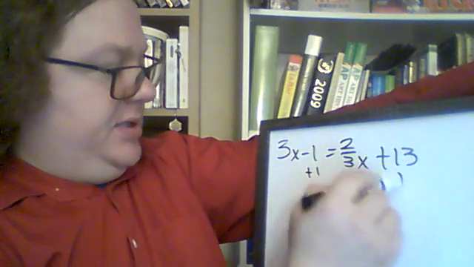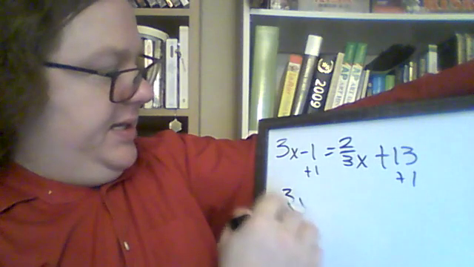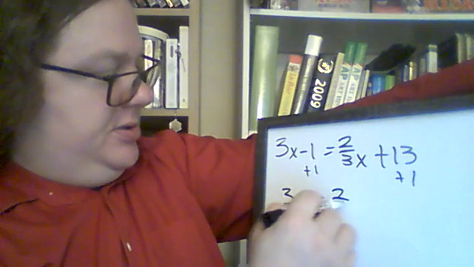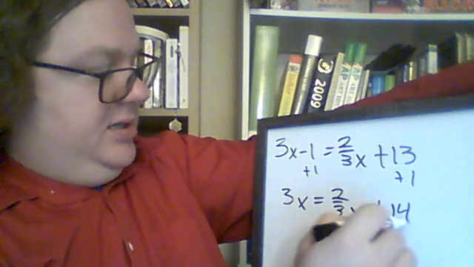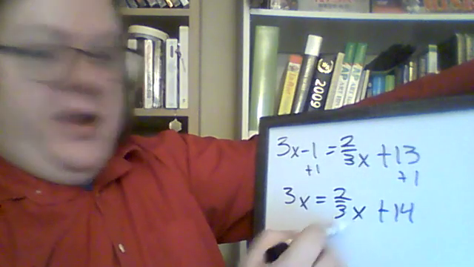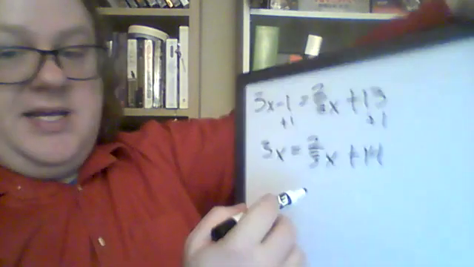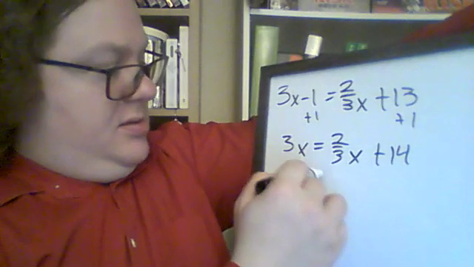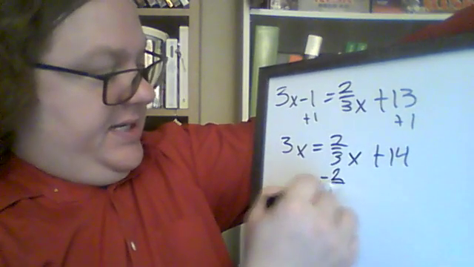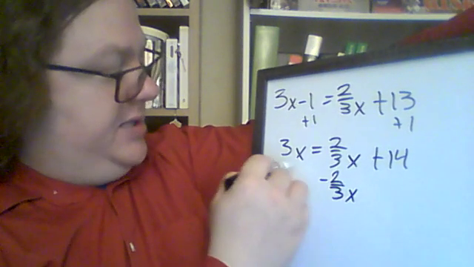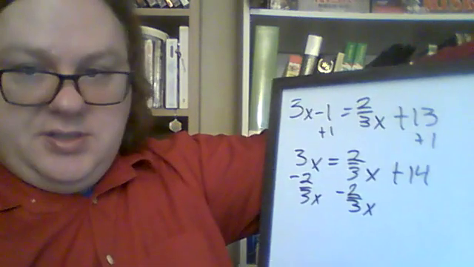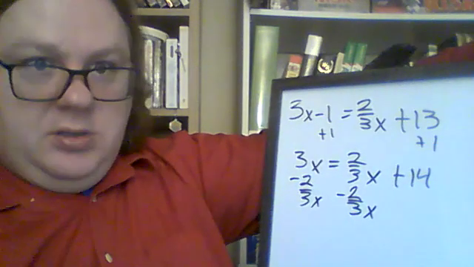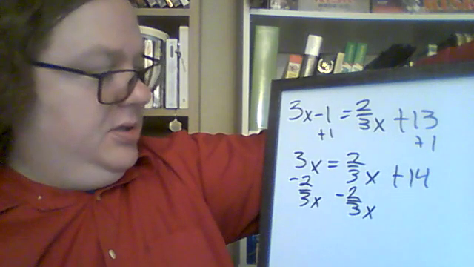Plus 1, plus 1. 3x equals 2/3 x plus 14. So now I have to work with this 2/3 x. Minus 2/3 x, minus 2/3 x. 3 minus 2/3 is going to equal 2 1/3.